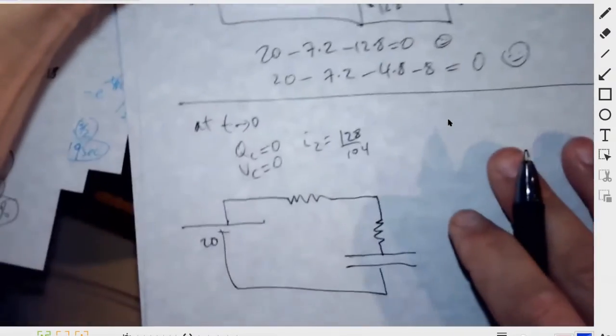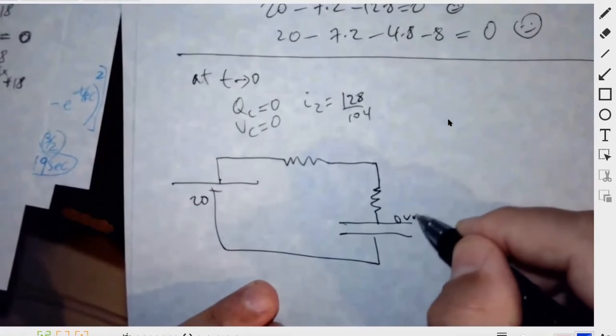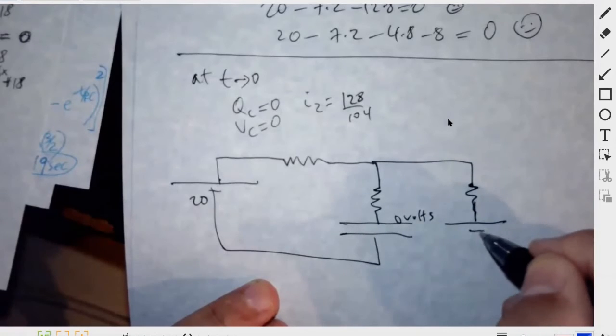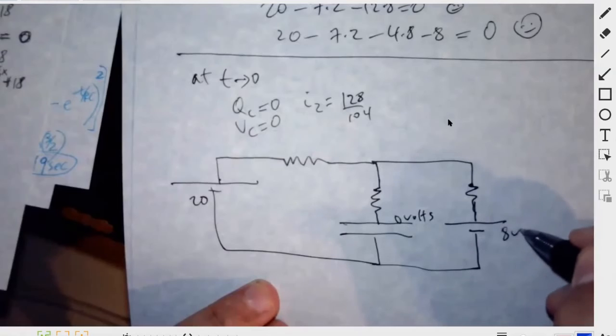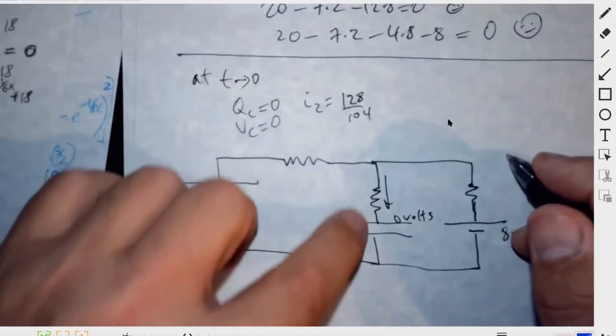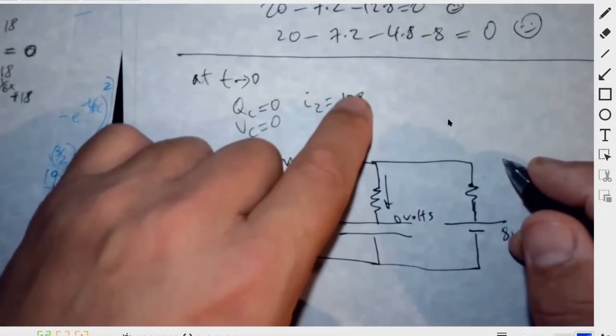And so it looks like this at t equals 0. God, this is amazing. It's so awesome. So at t equals 0, this is 0 volts. This is 8. So the current here is going to be that value. Then if I want to know the voltage drop there, I'll do this times the resistance.